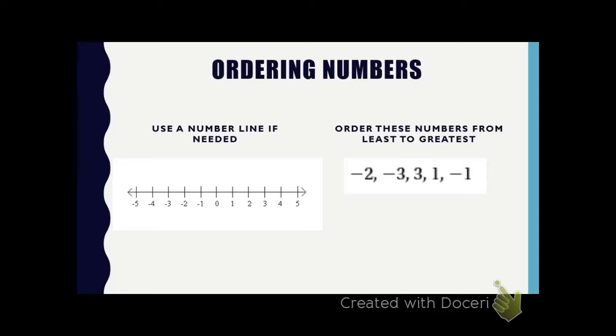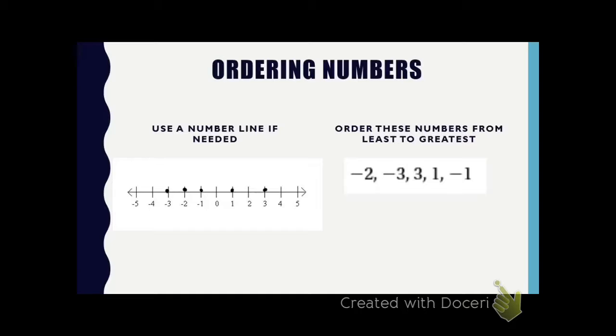All right, now when you're ordering numbers, they give you a list of numbers, positive, negative, it doesn't matter, and they ask you to order the numbers from least to greatest. Use your number line. How easy is that until you get comfortable? And mark, okay, I've got -2. I mark my point. I've got -3. I've got a +3. I've got a +1, and I have a -1.